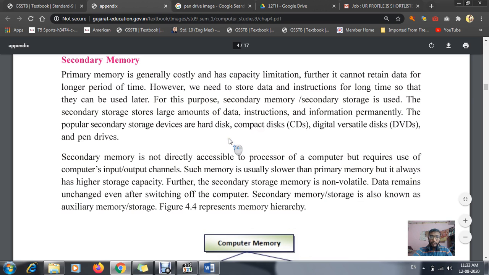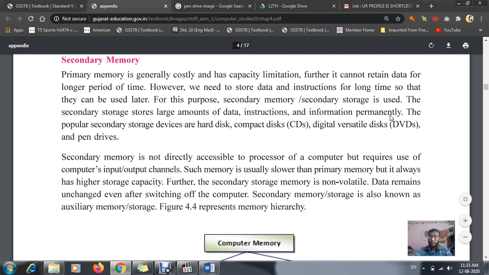Now underline the first thing: primary memory is generally costly and has capacity limitation. Just underline it. Then, a large amount of data, instructions and information are stored permanently.